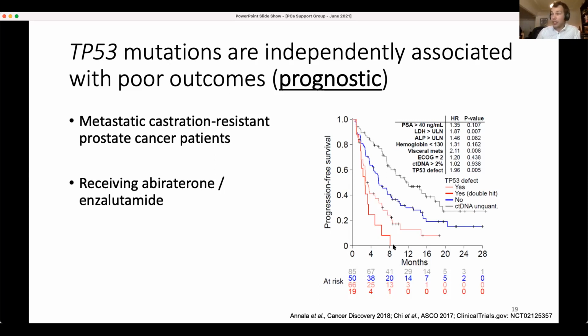If we detect a TP53 mutation, typically this associates with poor prognosis. But conversely, if we fail to detect this mutation, it means that the patient is likely going to enjoy a much longer overall survival and is indeed going to be easier to treat. So again, this is useful information for doctors to know upfront.